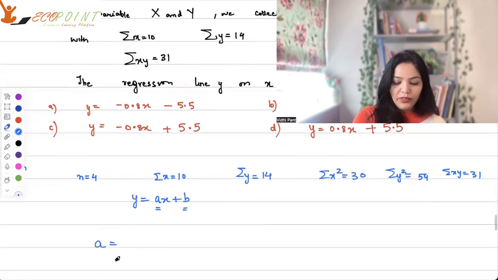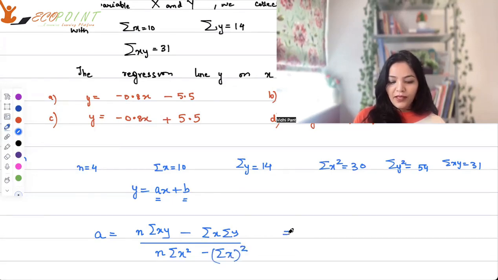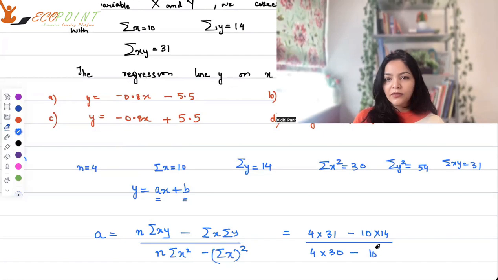A will be equal to n summation xy minus summation x into summation y, whole thing upon n summation x square minus summation x whole square, and that will be equal to n is 4, summation xy is 31 minus 10 times 14 upon n again is 4 into summation x square is 30 minus 10 square.